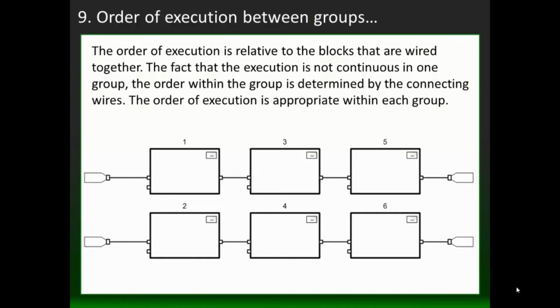The order of execution is appropriate within each group, and you see the order here: 1, 2, 3, 4, 5, 6. You might have thought that the first row executed first. So instead of 1, 3, 5, you would have expected 1, 2, 3, and then 4, 5, 6 on the bottom. So pay particular attention to this.